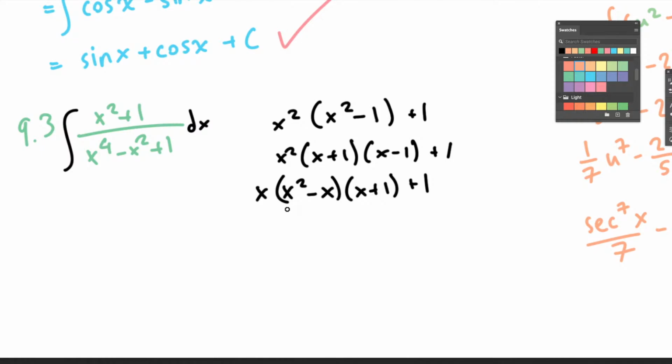Okay. I really want to do partial fractions, but I don't know if I'll be able to with this.